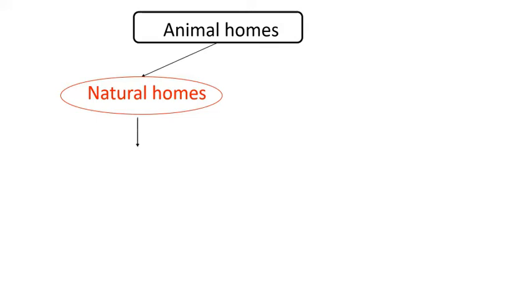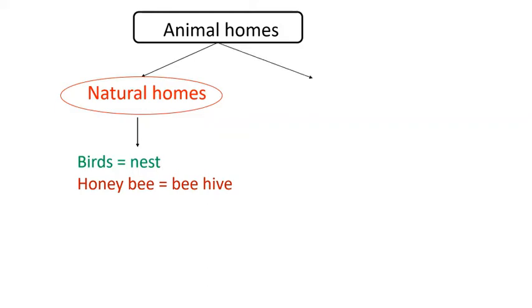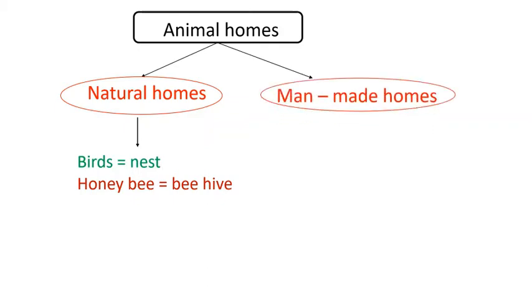Like for example, bird's nest, honeybee's beehive. And the houses that are built by human beings for animals to live, such houses are called man-made homes. Like for example, dog kennel, fish aquarium.